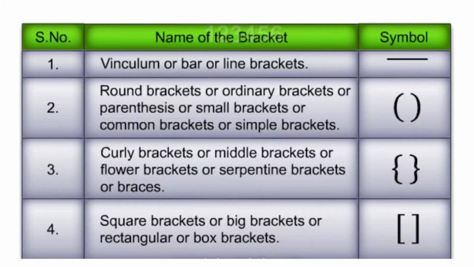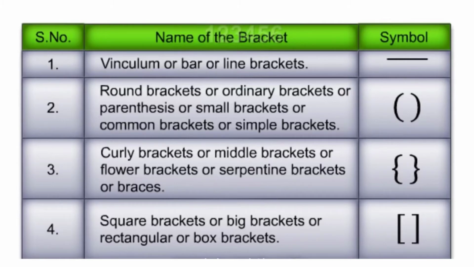In mathematical expressions, brackets convey that the operations in the brackets are to be carried out first. The expression in the brackets is to be treated as a single number. Different types of brackets are used in mathematics to get the correct value of expressions. Now we will discuss 4 different types of brackets.